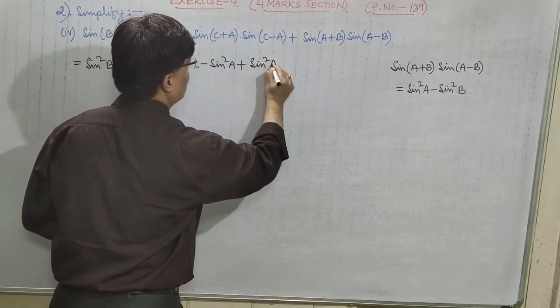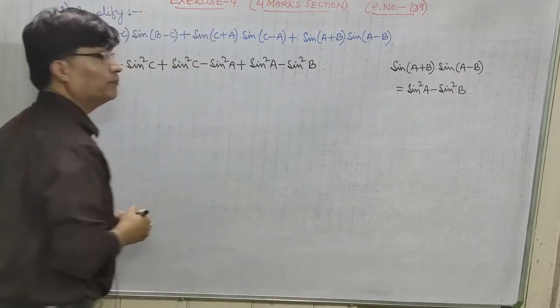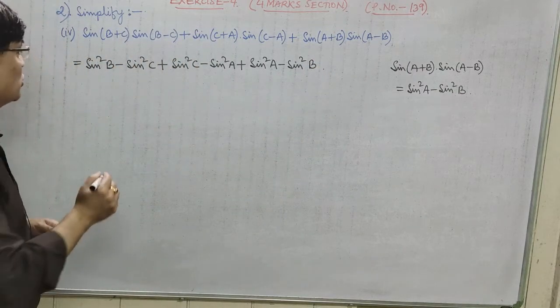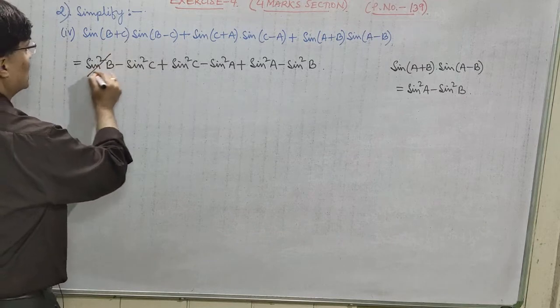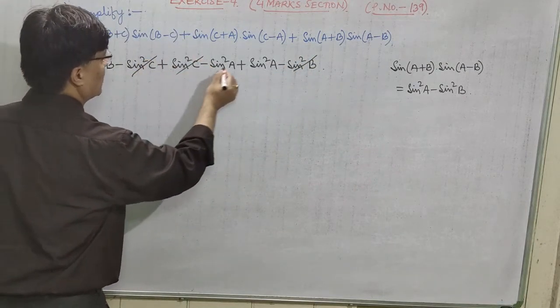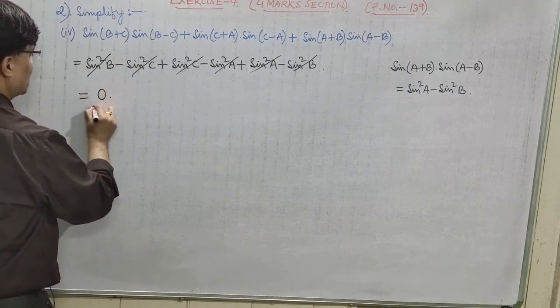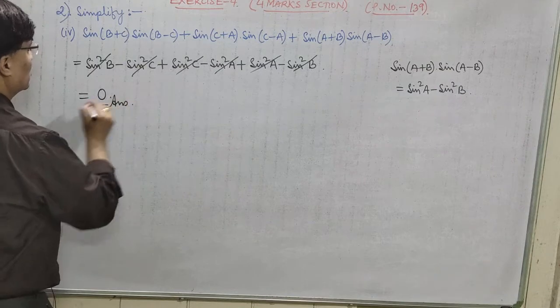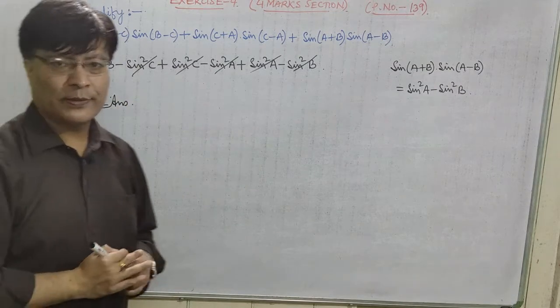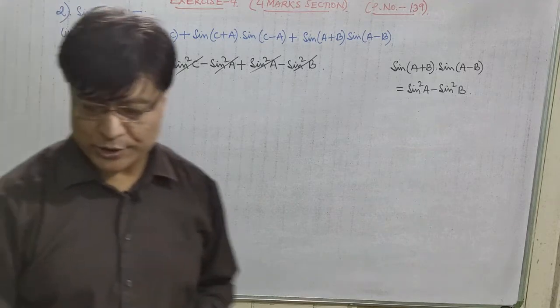This is sine square a minus sine square b. Is that clear? So you can cancel all the terms here: sine square b minus sine square b, minus sine square c plus sine square c, minus sine square a plus sine square a, which is equal to, what is the answer? The answer is 0. So I think you have understood it. So you can copy it. Now we'll do the next question.